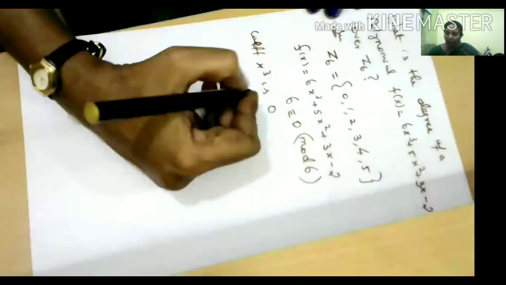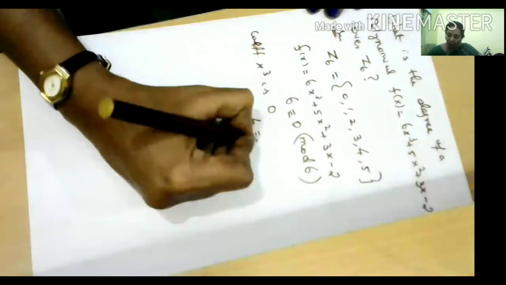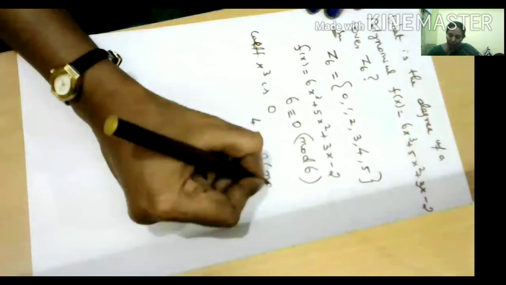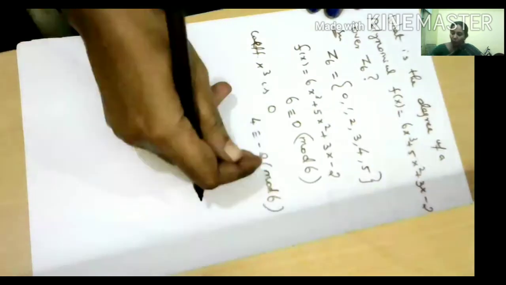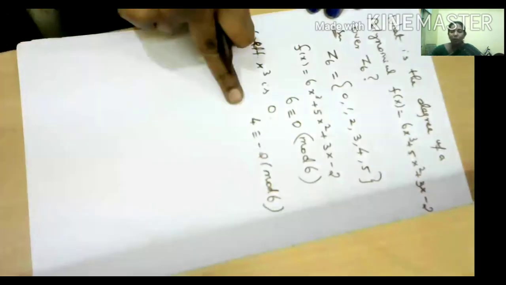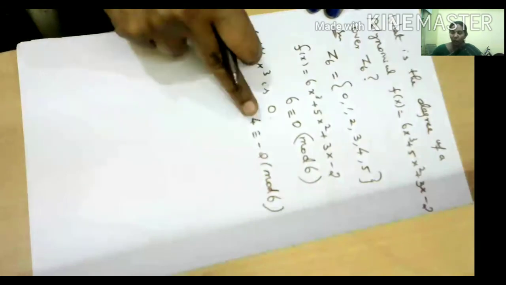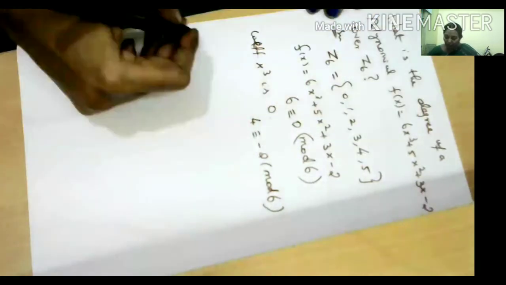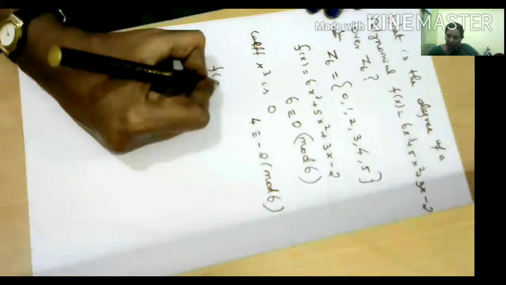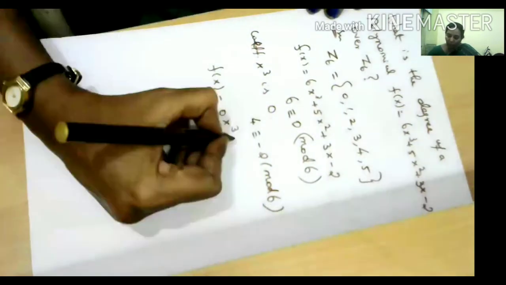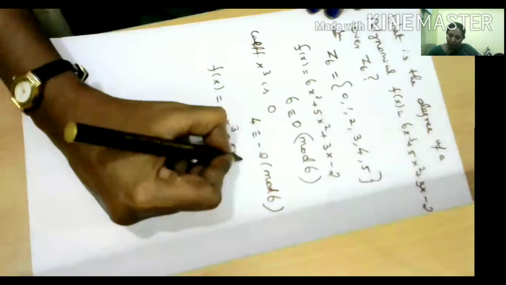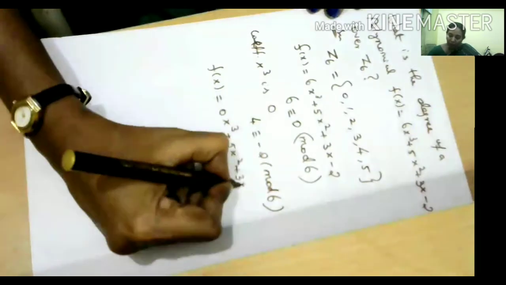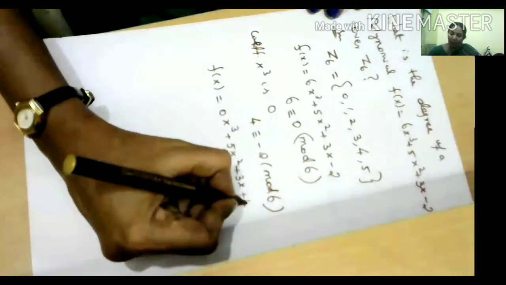Therefore 4 is congruent to minus 2 mod 6, since 4 plus 2 is 6. So we put 4. Now the polynomial is f of x equals 0 times x cubed plus 5x squared plus 3x plus 4.